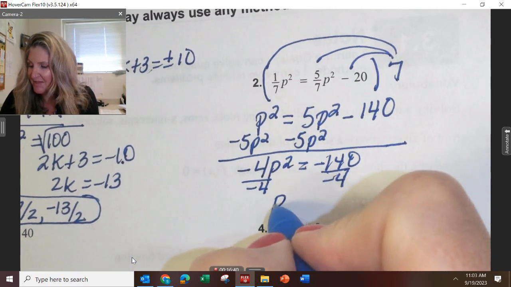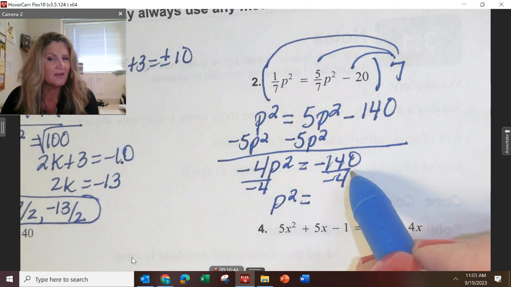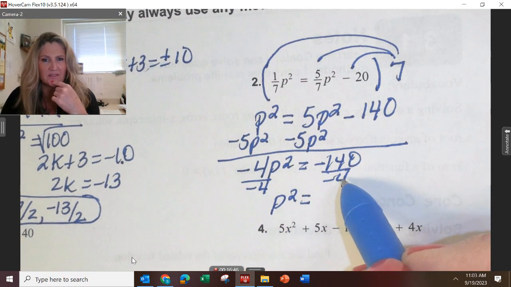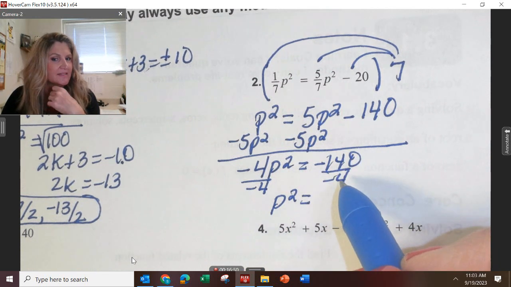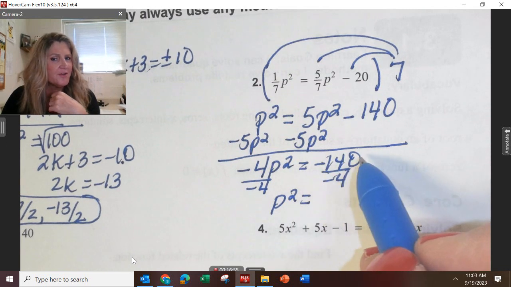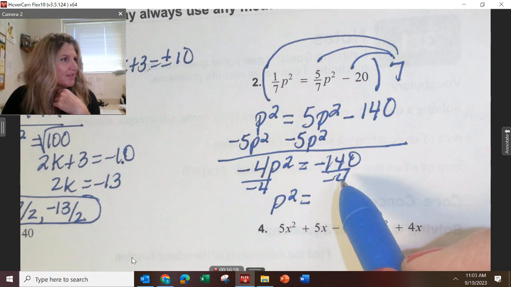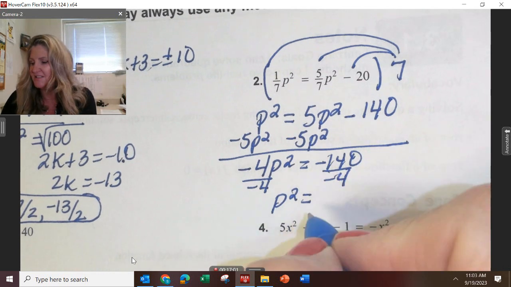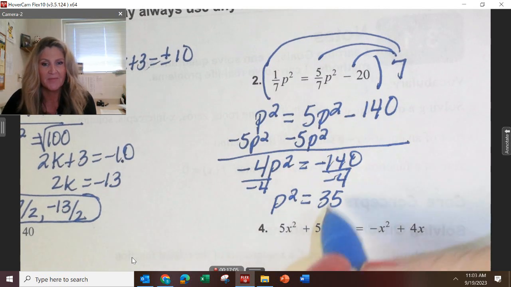So I'm going to have p squared equals, will it go in evenly? Let's see, I can divide 140 by 2 twice. That's why I divide by 4. I don't know 140 divided by 4. 140 divided by 2 is 70, and then divide by 2 again, and what do you get? 35. That's the fastest way to divide by 4, unless you just know it.